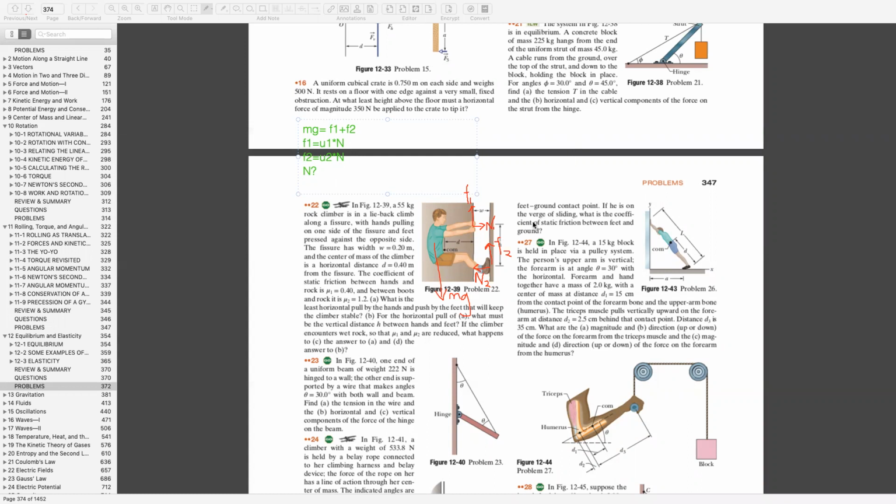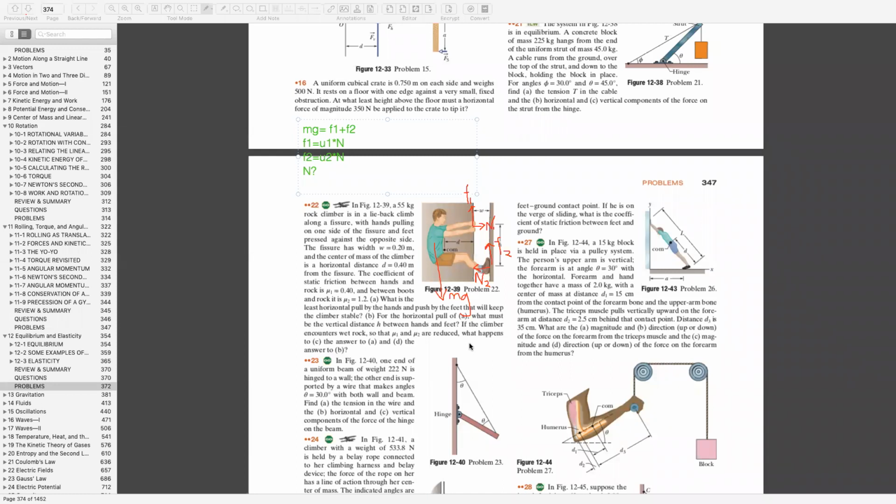We also know that N1 is equal to N2, so you can just pop out N2 and put in N1, and that way we now have mg over mu1 plus mu2 is equal to the normal force. That would be the correct answer for that? Yeah, that should be okay.